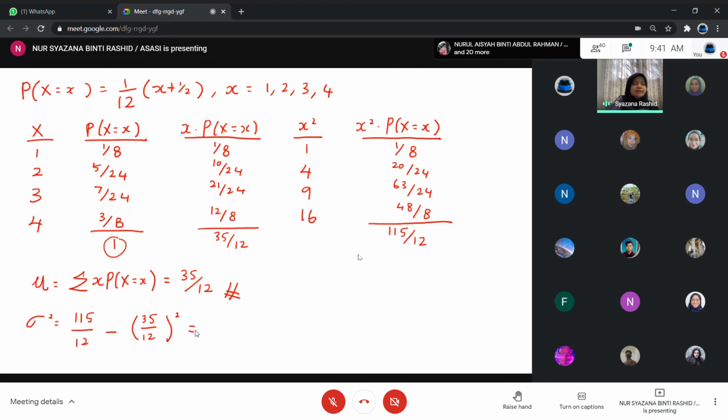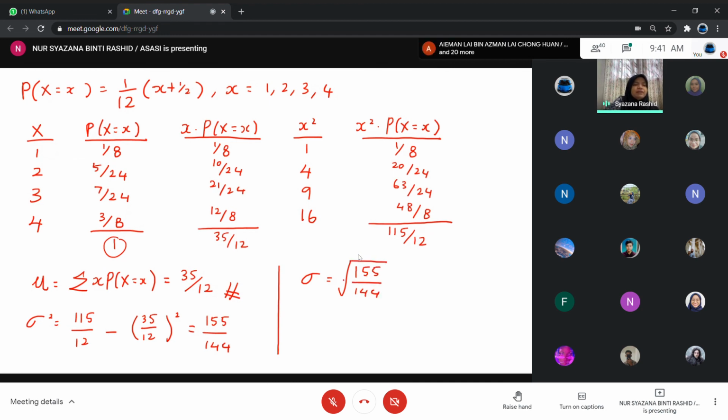Okay, calculate. 155 over 144. Okay, because the question asks about standard deviation, so sigma equals to square root 155 over 144.